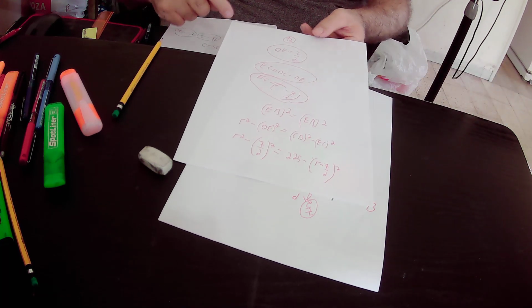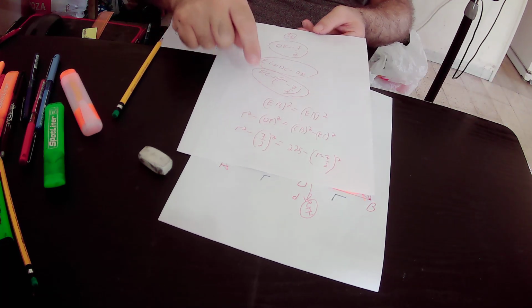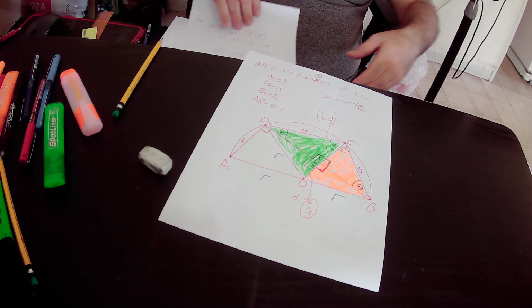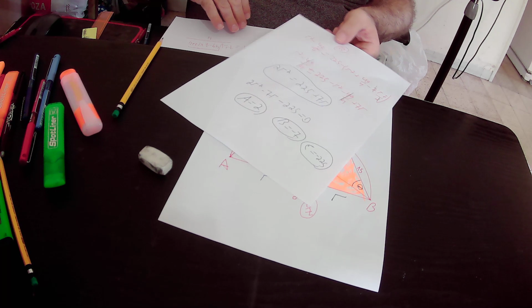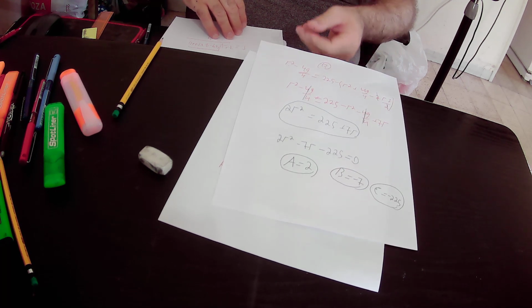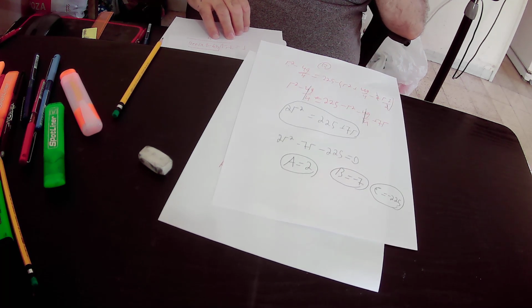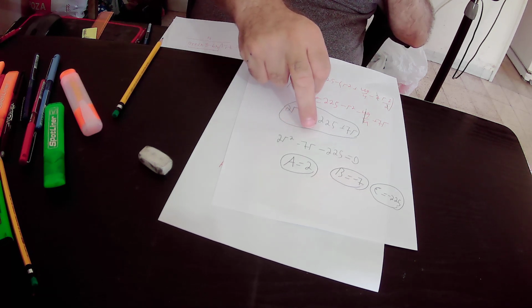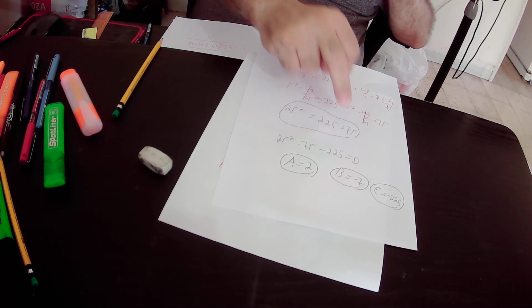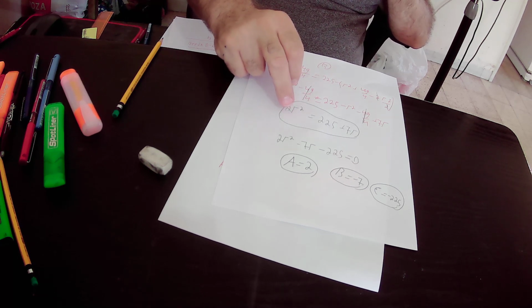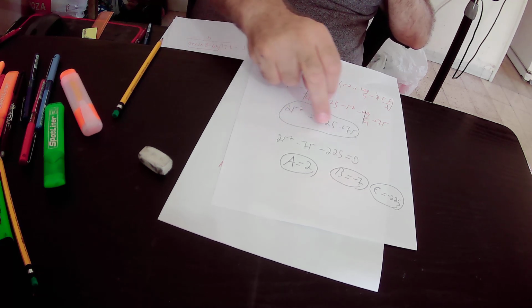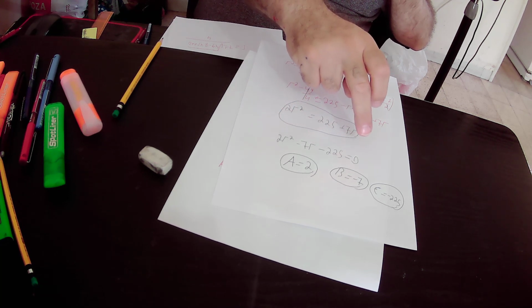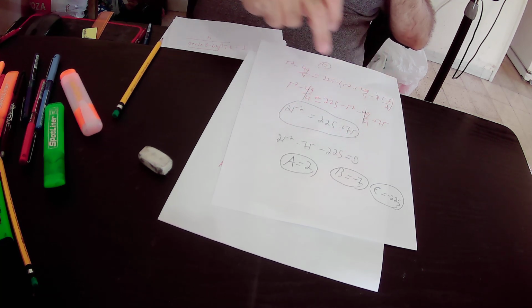Okay, and we got this equality, and after solving it we arrived at a quadratic equation: 2r squared minus 7r minus 225 equals 0. Here the coefficients of this quadratic equation are a equals 2, b equals minus 7, and c equals minus 225.